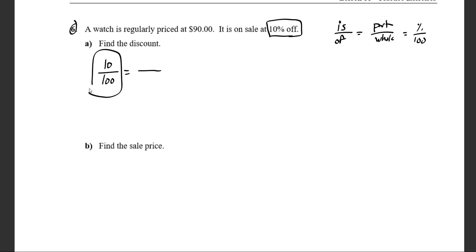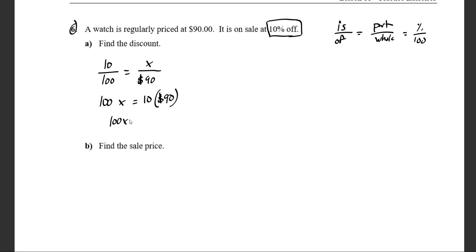The percent over 100 we've got. Here we're looking for the part and the whole. So the whole price, the normal price, is $90. And so we're looking for what's 10% of 90. We'll do this by cross multiplication. 100 times x is equal to 10 times $90.